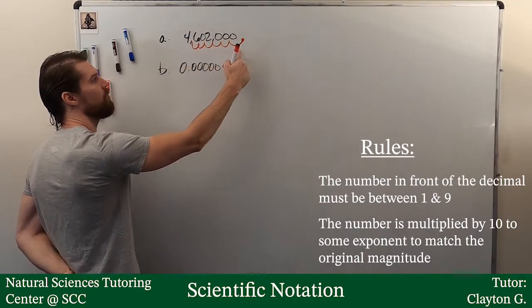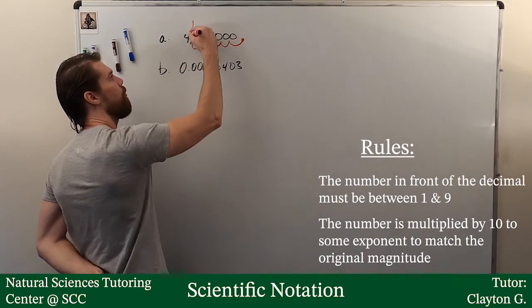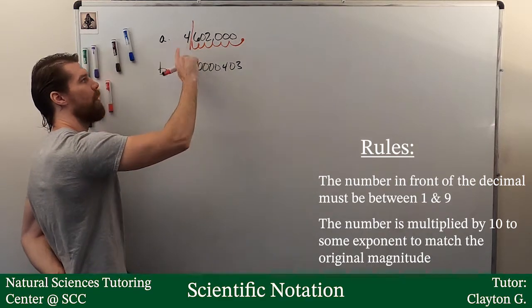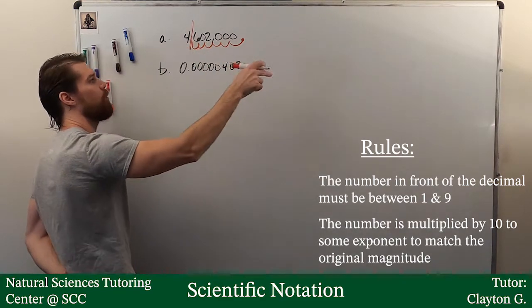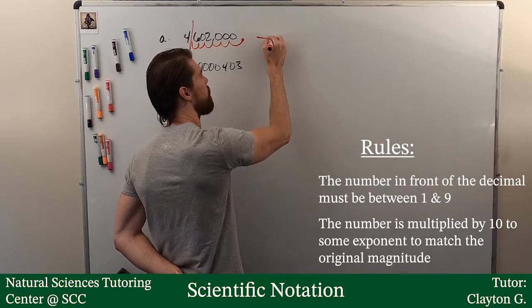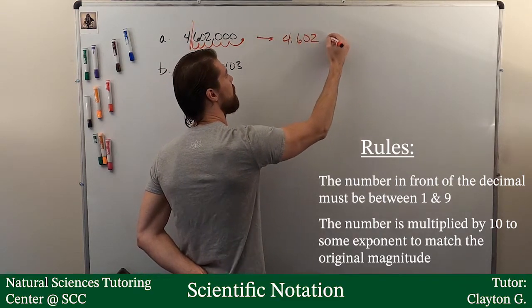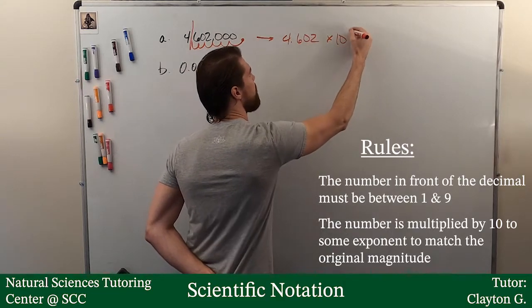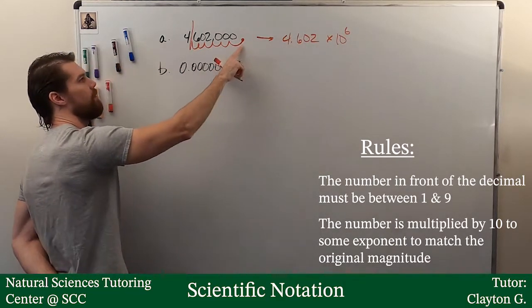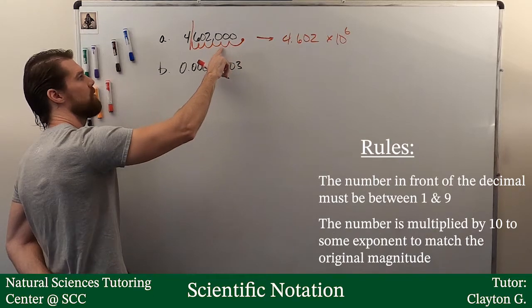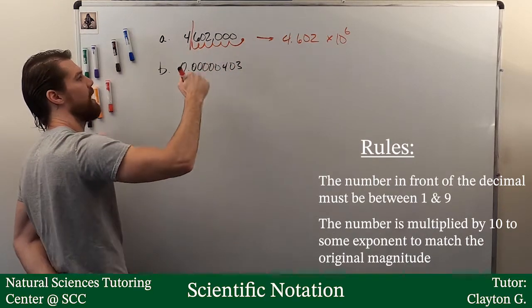I need to move my decimal 6 places. And I want this 4 point whatever, I need it to be 4 point something. So this equals 4.602 times 10 to the 6th. And again, I move my decimal 1, 2, 3, 4, 5, 6 times.